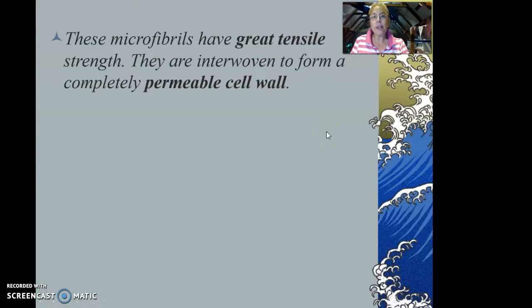Okay, so these microfibrils have a great tensile strength because each of these are being held together by those hydrogen bonds, and they are interwoven, and that's what allows it to be permeable. Anything can actually go through the spaces. Okay, so they are interwoven and interlinked, and it just allows it to be permeable.